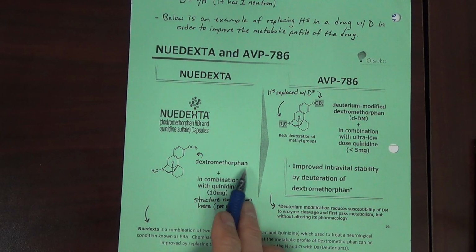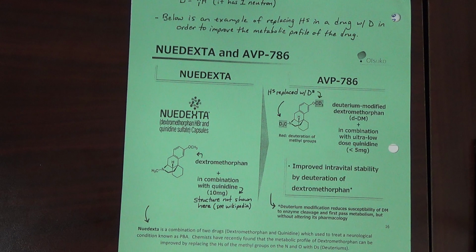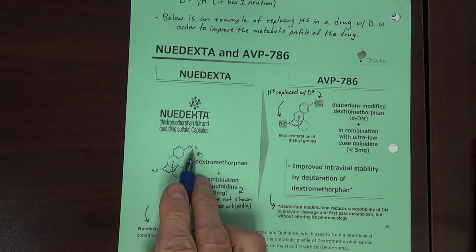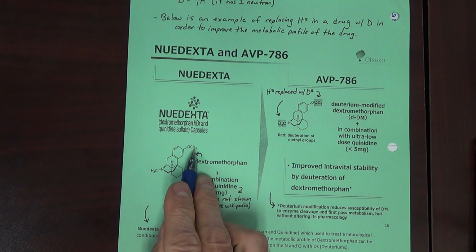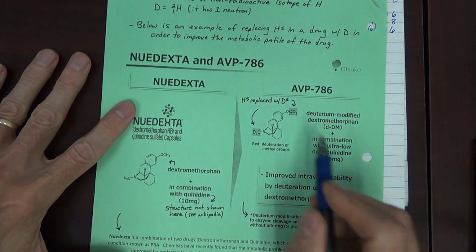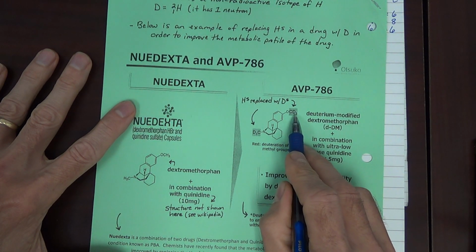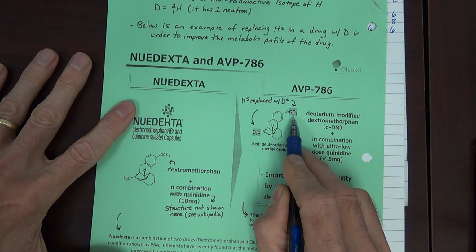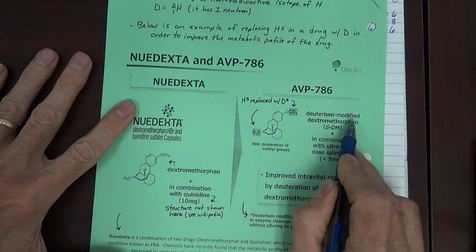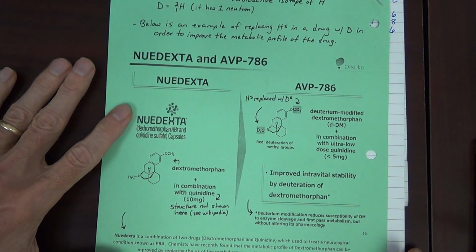This is dextromethorphan. It's used as a decongestant. But you see the CH3 group here, the methyl group, the hydrogens of the methyl group have been replaced with 3 deuteriums. And so this is a deuterium modified drug.